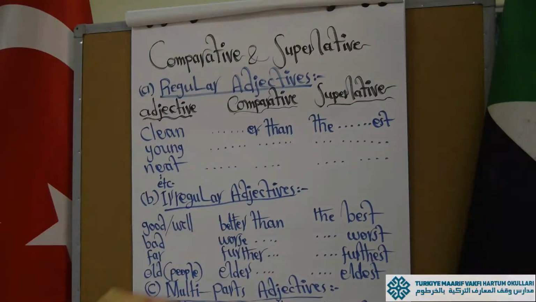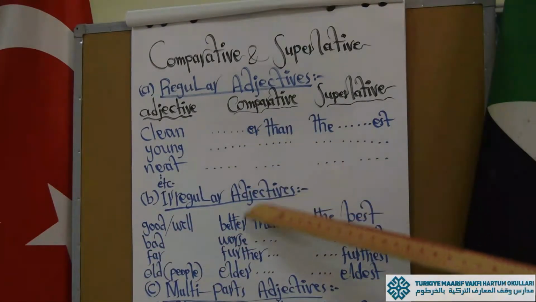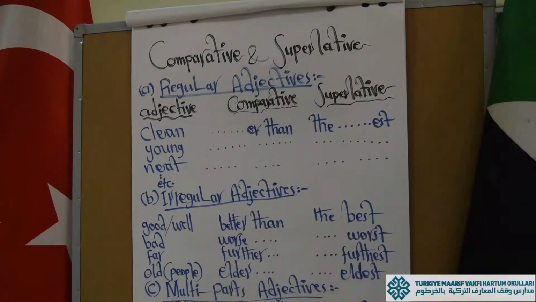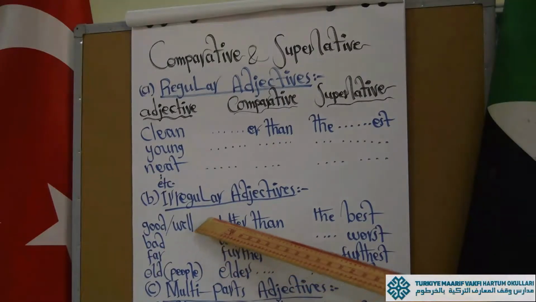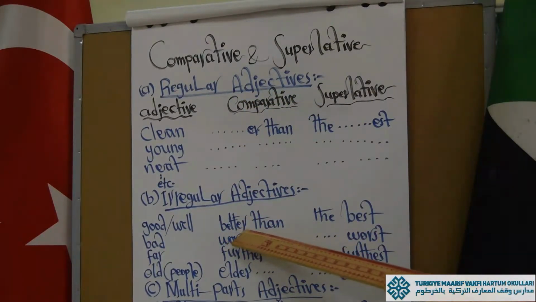This irregular adjective, if you want to get the comparative form, it's going to be different. Even the spelling of the word will change totally. That's why we call them irregular adjectives. So good or well, if you want to compare between two things, you can say better than.